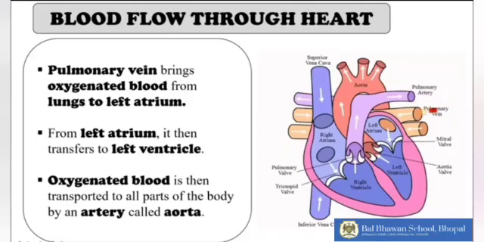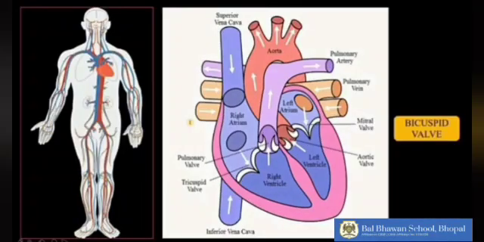Now let us see the diagram carefully. Just try to identify where is the pulmonary artery. Can you see the pulmonary artery? Yes. This pulmonary artery is connected to what? To your right ventricle. And what is the right ventricle connected to? Right auricle. And the right auricle is connected to superior vena cava. Vena cava is a vein, and vein brings impure blood from the body.